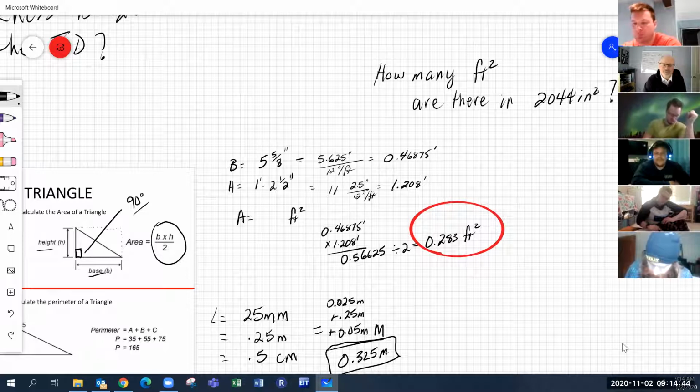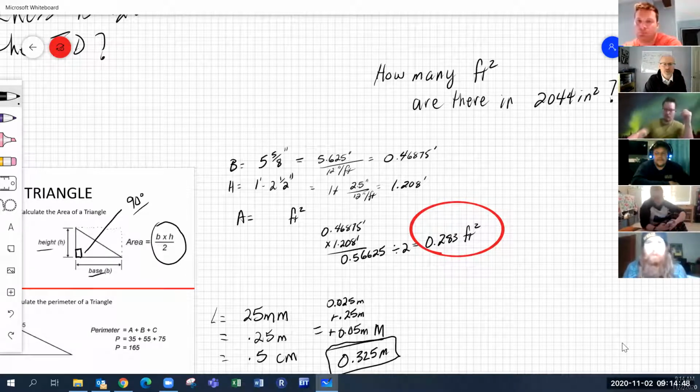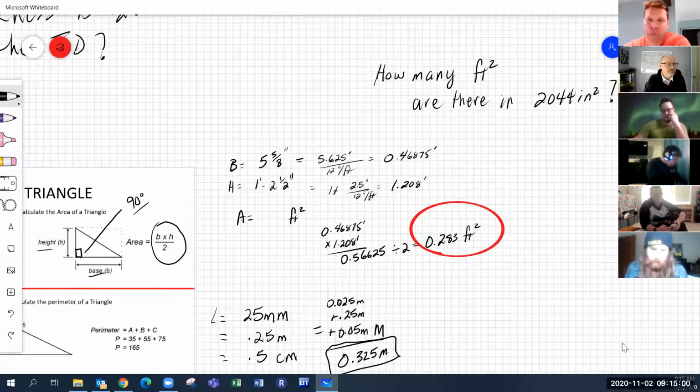How many square feet are there in 2,044 inches squared? Shout it out if you have it. 14.194. Yeah.